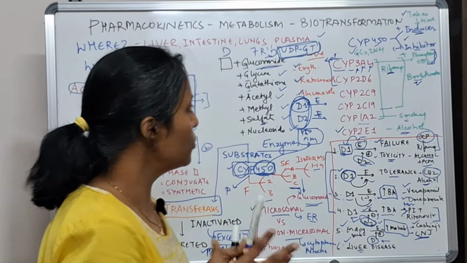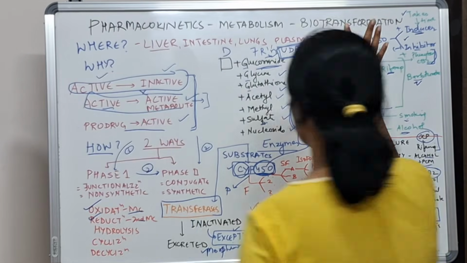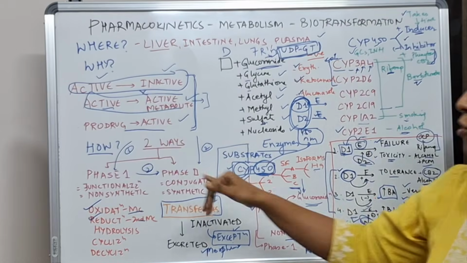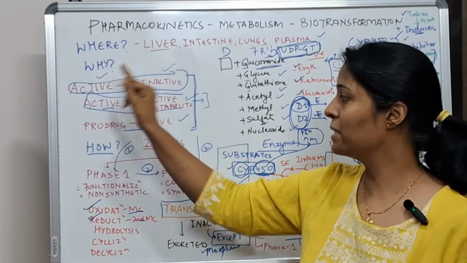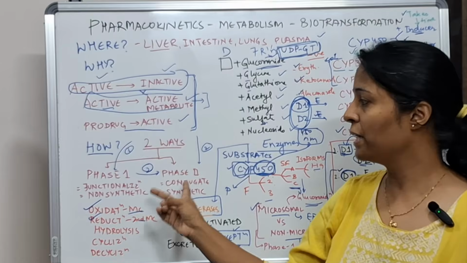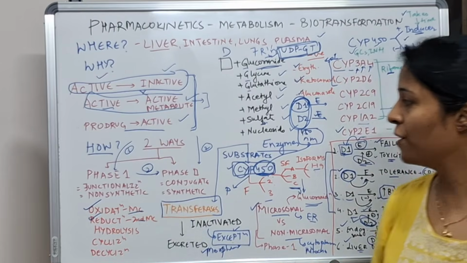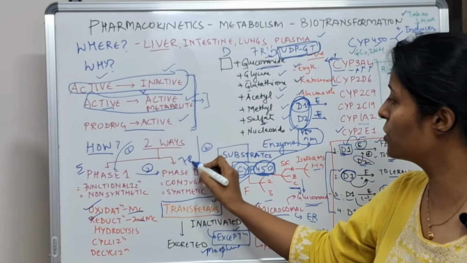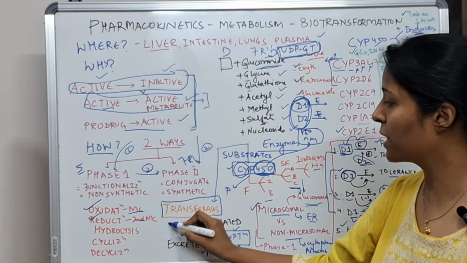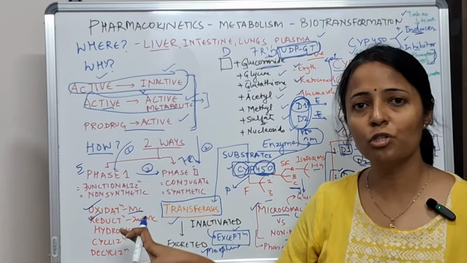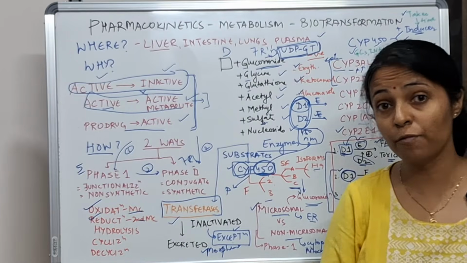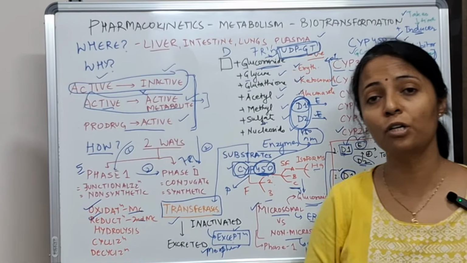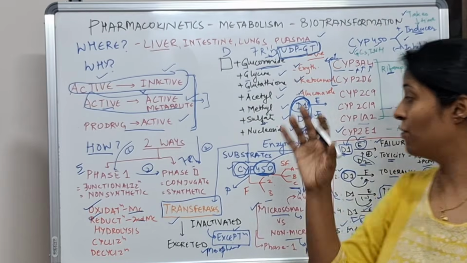So those were the fundamentals about biotransformation. Briefly we saw where it is occurring, why it is occurring, how it is occurring, two reactions, phase 1 and phase 2. In phase 1 we saw there are 5 reactions, in phase 2 we saw there are 7 reactions. These are brought about by transferases. Then for the enzymes there is genetic polymorphism, because of which the activity of the drug in different people can vary.